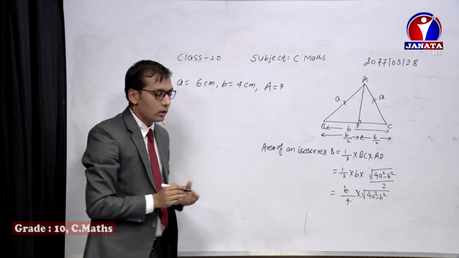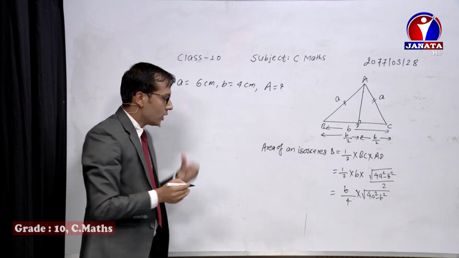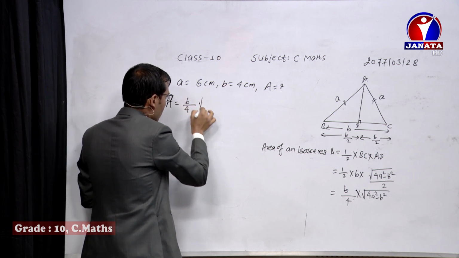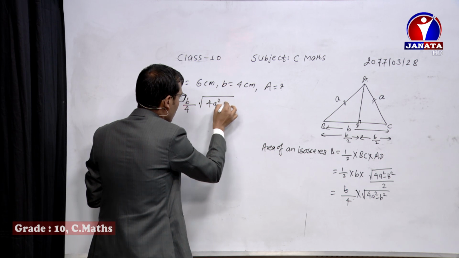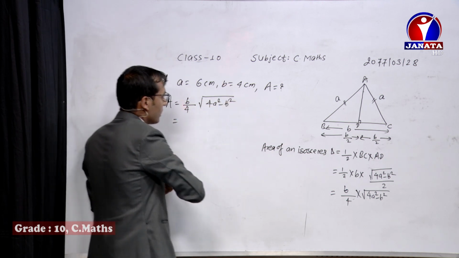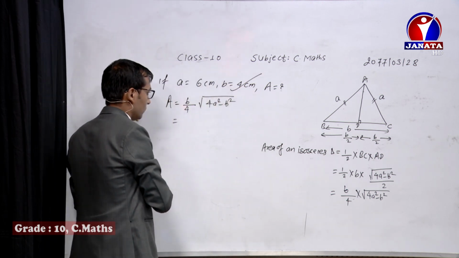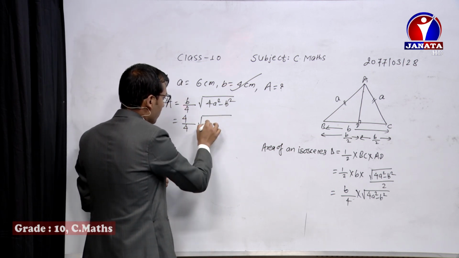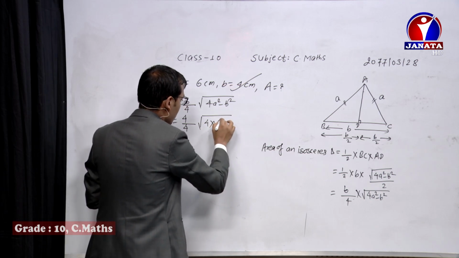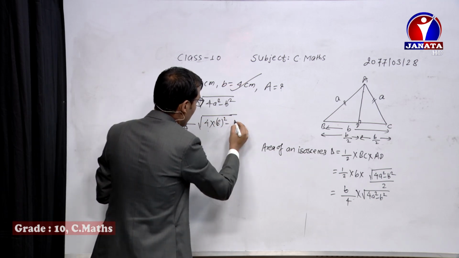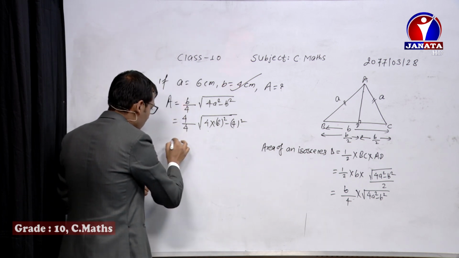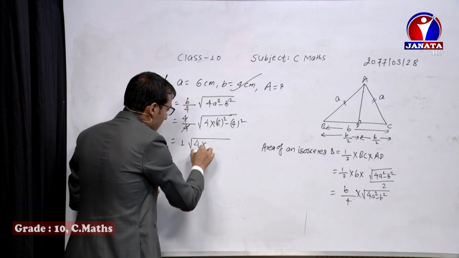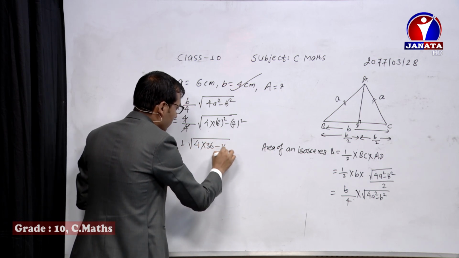I'm talking about an isosceles triangle. So the area of an isosceles triangle is b over 4 times square root of 4a square minus b square. So what is base? It's 4 over 4 times square root of 4 times a squared, which is 6 square, minus b square, which is 4 square. So it's 1 times the square root of 4 times 36 minus 16.